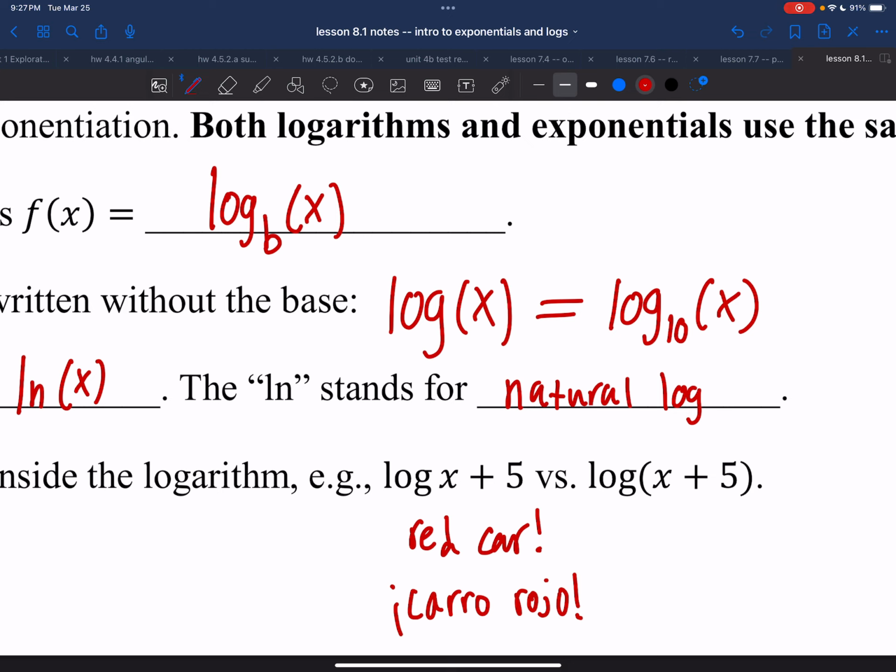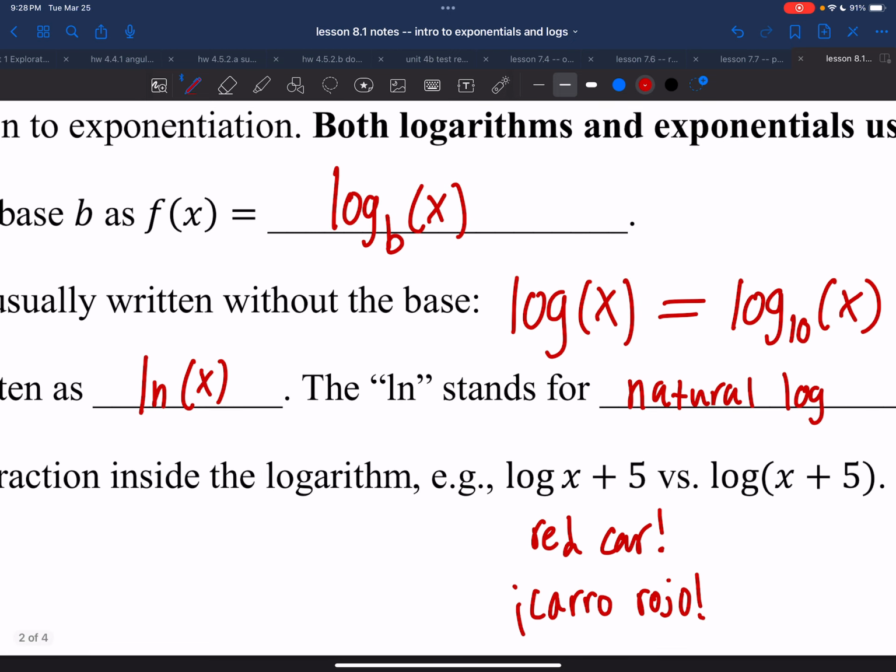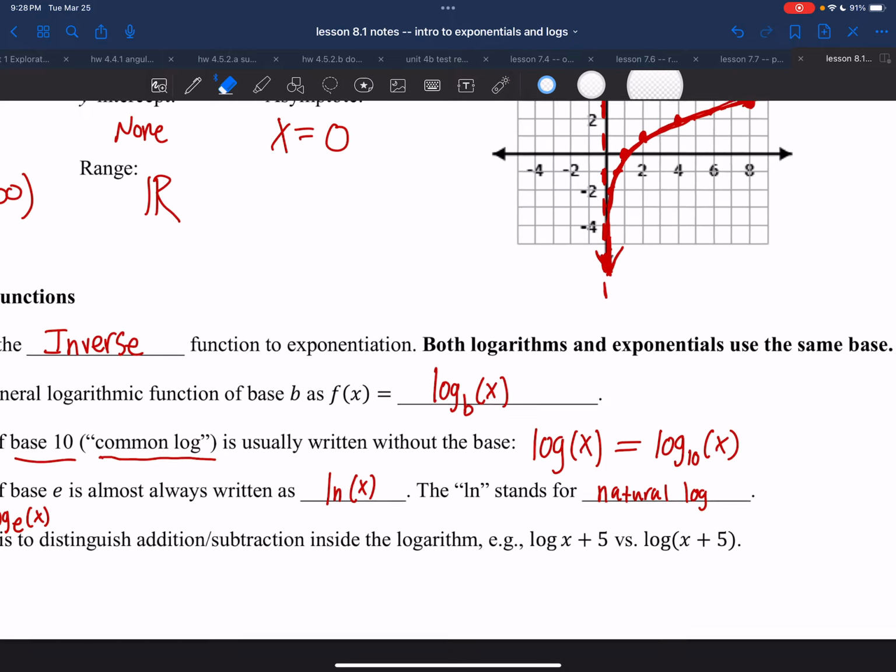I don't know if I'm mispronouncing that, but I would think that works. In Spanish or Latin languages, you put the adjective after the noun, the car red, as opposed to the red car. And so it's the same situation here. ln comes from a Latin thing, and so it's like log natural. Does that make sense? But in English, we call it natural log, and that's why it's ln, okay?